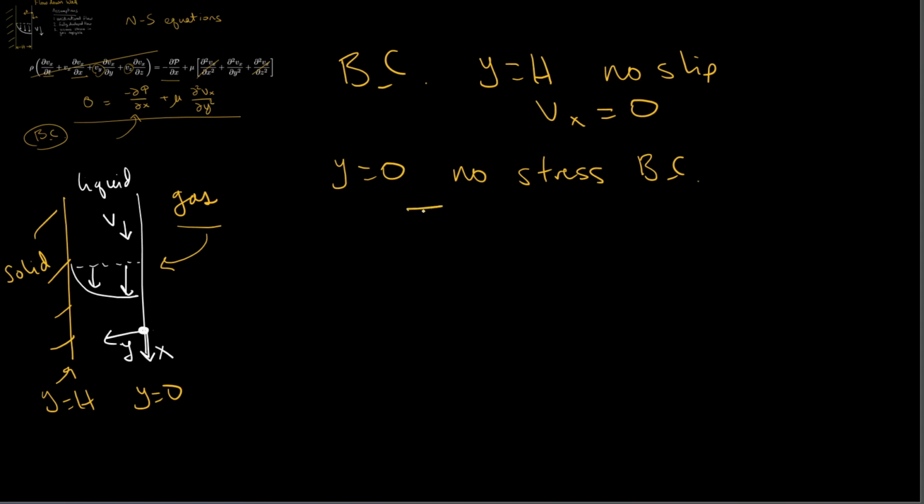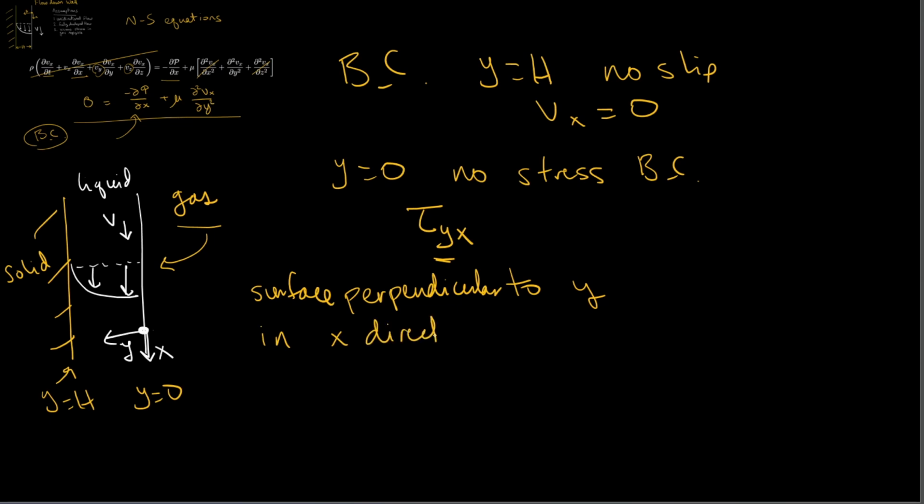We can represent that by the letter tau with subscripts yx. The y refers to the surface that the viscous stress is acting on, so it's a surface perpendicular to y, and it's acting in the x direction. In this case, we're going to set that equal to 0.